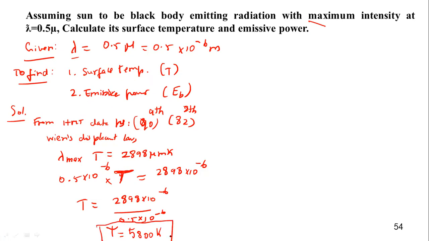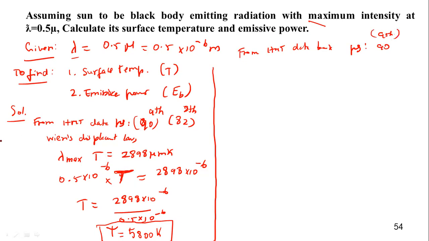Next, we find out the emissive power. We know the relation between temperature and emissive power, the Stefan-Boltzmann formula. This formula is also from the HMT data book, page number 82 for the 8th edition and 90 for the 9th edition, so we can use the 9th edition data book.